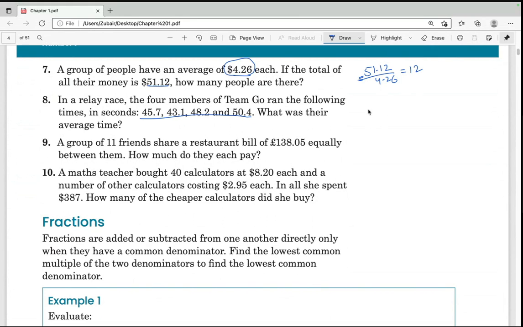We will add all of them, then divide by the total number of people. 45.7 plus 43.1 plus 48.2 plus 50.4 and divide with the total to get the average. 45.7 plus 43.1 plus 48.2 plus 50.4 divided by 4 is 46.85. Yes, sir.